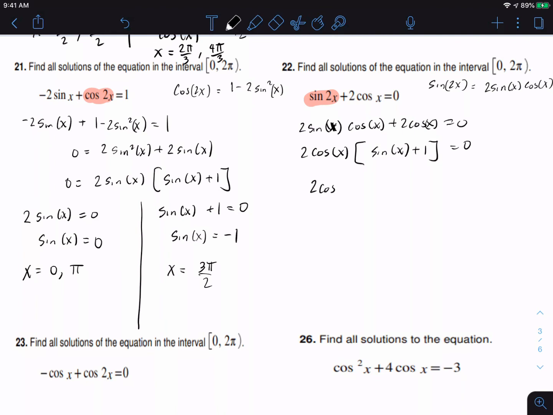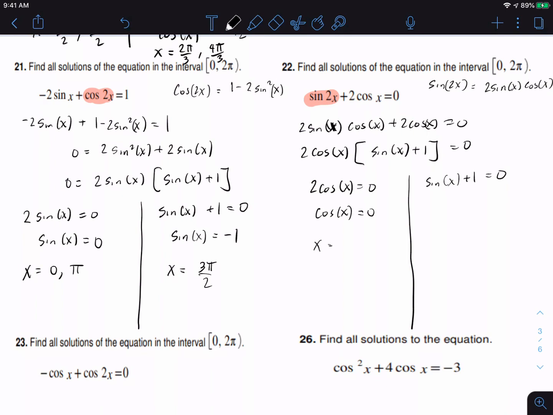So 2 cosine of x is equal to 0, and sine of x plus 1 is equal to 0. Right? Again, going to that product of 0 property. So then cosine of x is equal to 0.